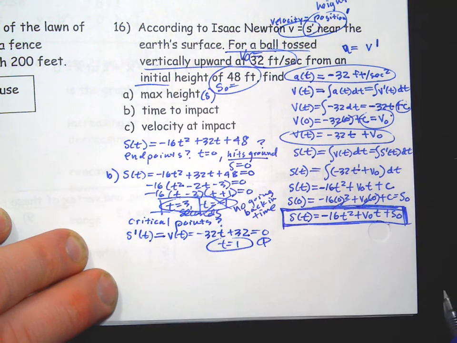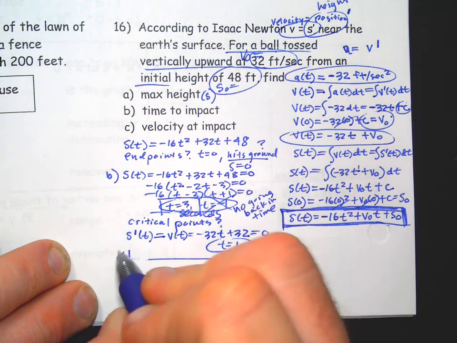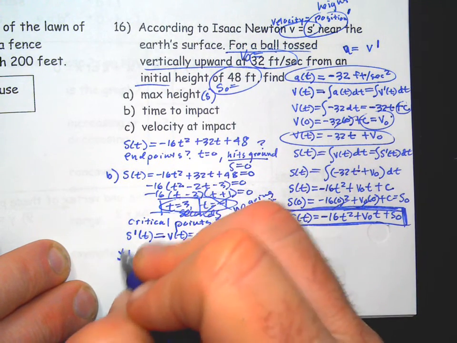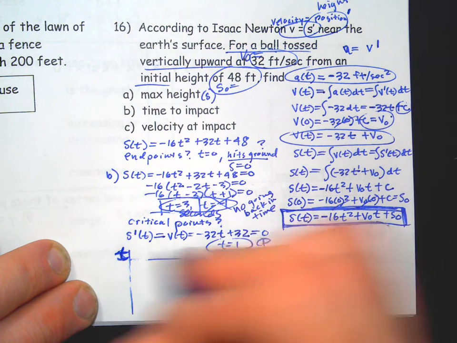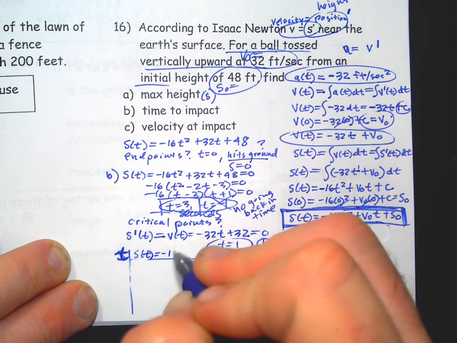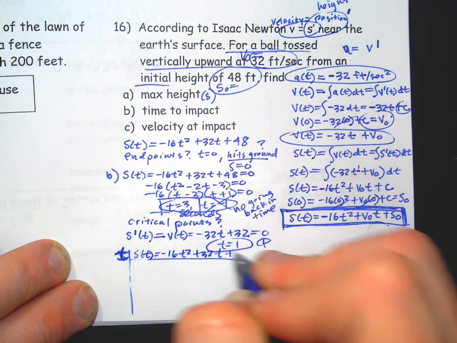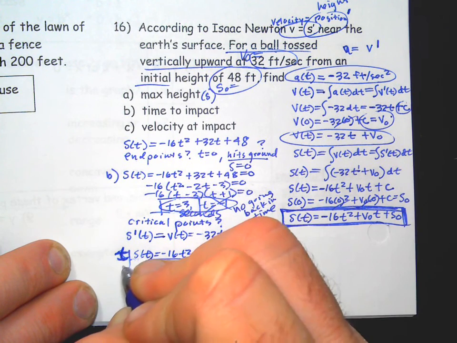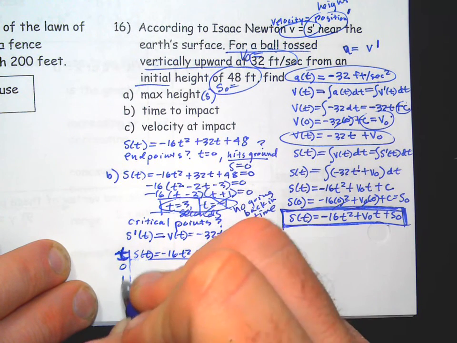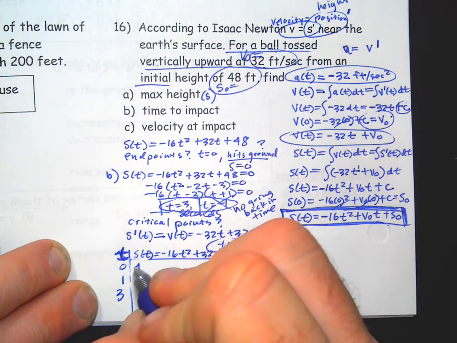So then we're going to make a table. I guess I should put time in, and we're putting position in. Okay, so we're going to put the endpoint 0, critical point 1, other endpoint is 3. Plug 0 in here, you get 48, which is no surprise. That's the initial height.